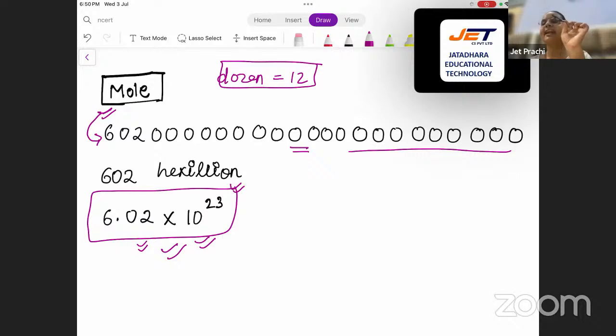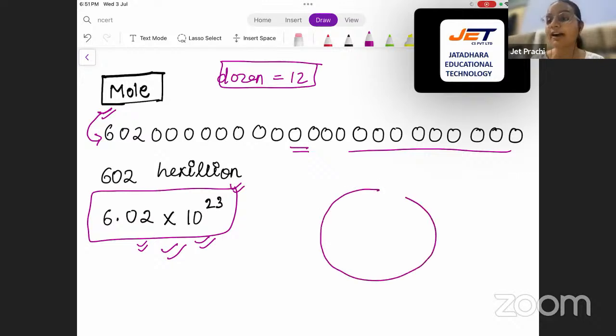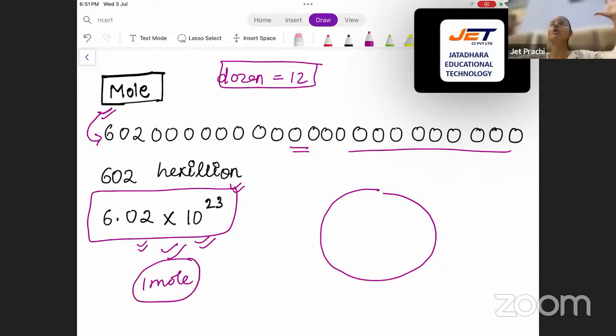So if I take 1 mole of these toffees, then they will make up to the size of Earth. This is such a big number.